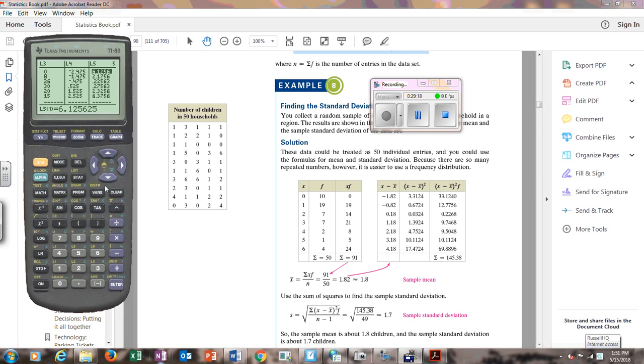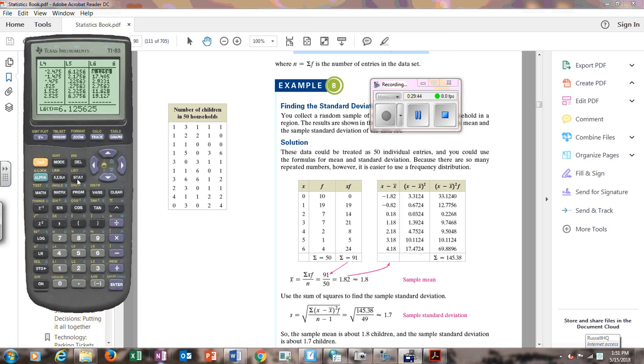Then for L6, you do L5, which is what you just found, times L2, which is your frequency. That gives you L6.